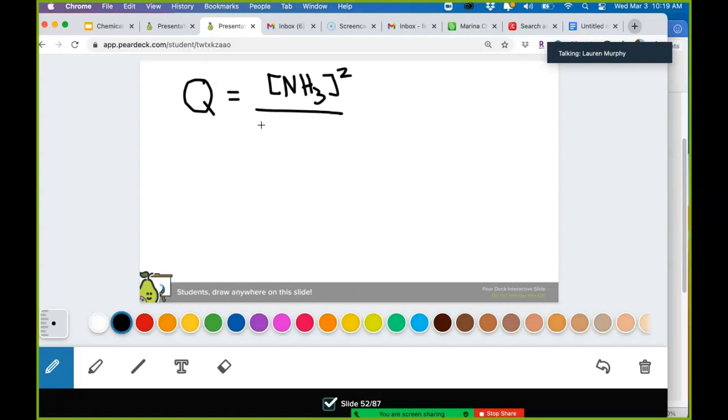The expression is identical to the equilibrium expression. So we just plug and chug all of those numbers that they gave us in there.